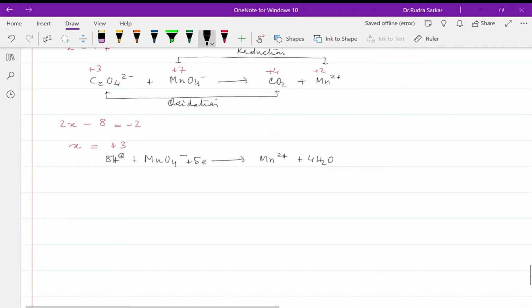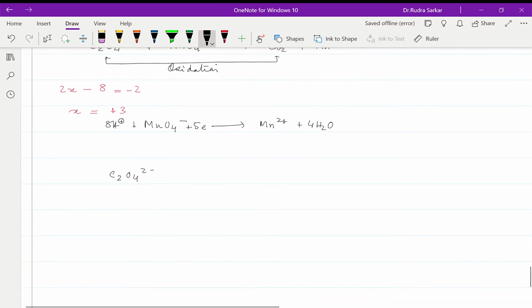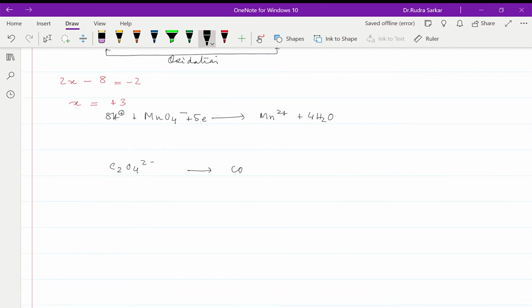For the other one, C2O4 2 minus going to carbon dioxide, there are 2 carbon dioxide. There are only carbon and oxygen on the left hand side and carbon and oxygen on the right hand side, so there is no need to add any other atom, but we only need to balance the electrons. Each carbon is releasing 1 electron, so 2 electrons are released in total. Now we can see that both on the left hand side and on the right hand side the charge is balanced, which is minus 2.